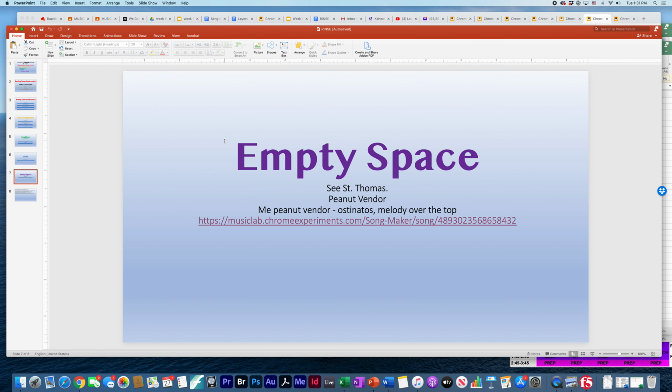Okay, so we had resting tone, interesting rhythm, neighbors, scale, and empty space. E for empty space.